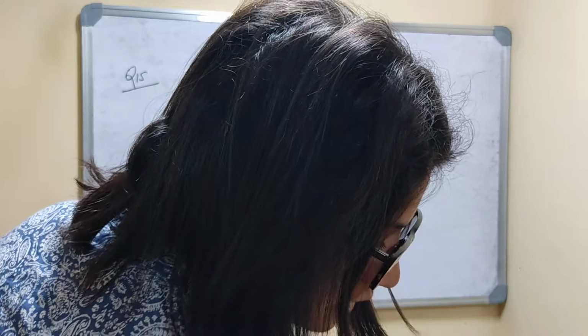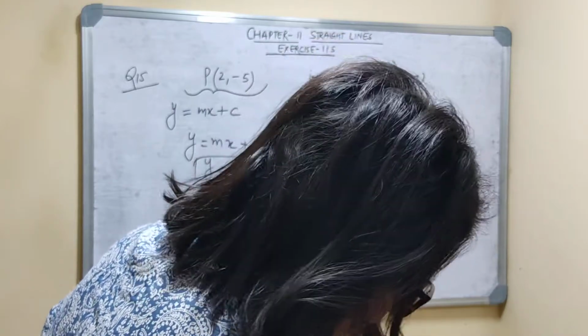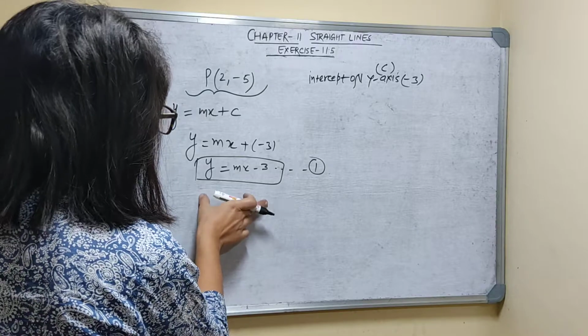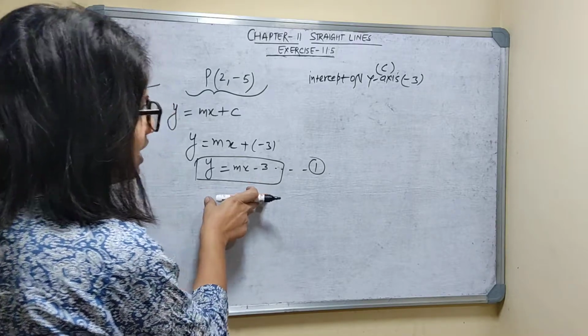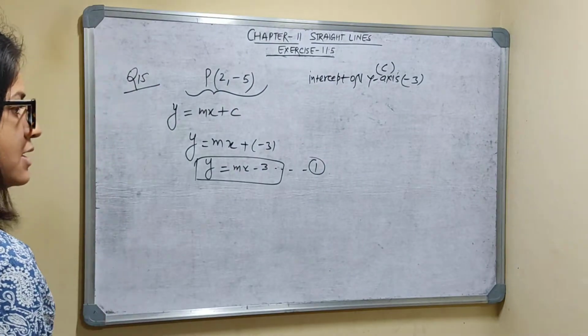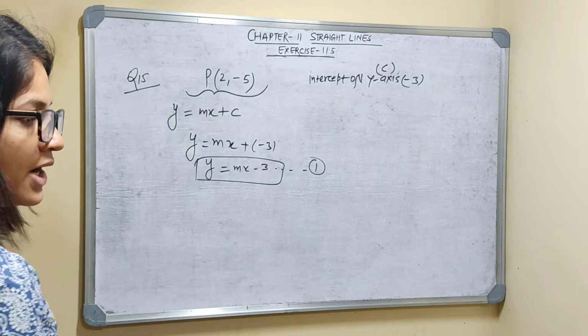Is it clear? First I am making an intercept of minus 3 on the y-axis. I am finding the equation of a straight line whose intercept on the y-axis is minus 3. I don't know m here.